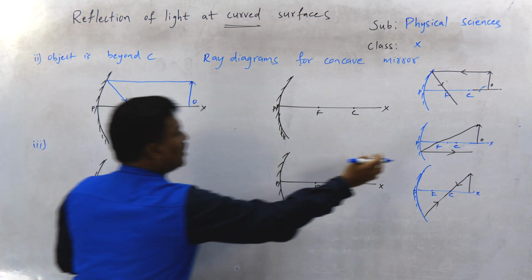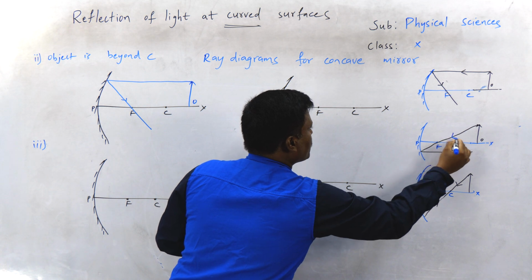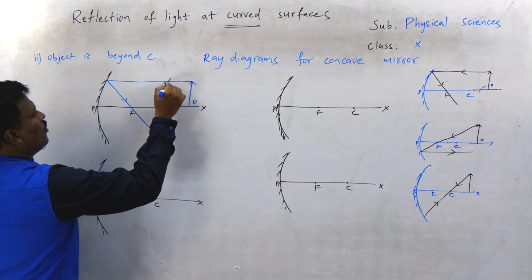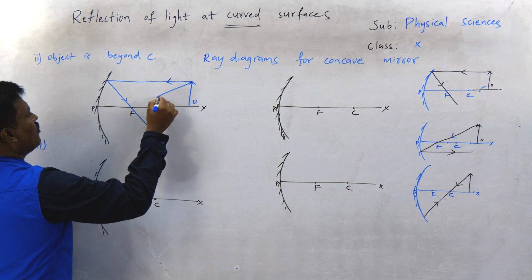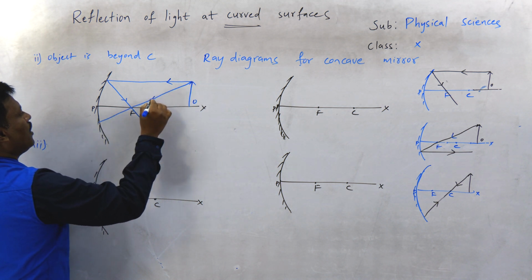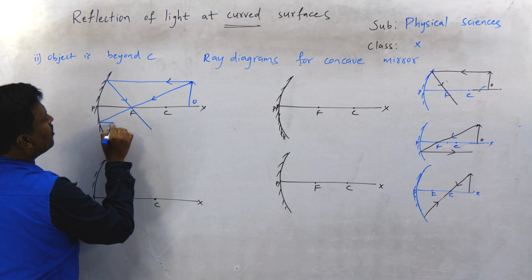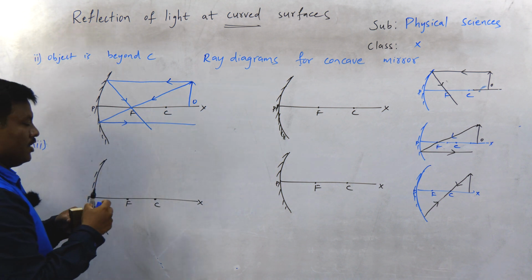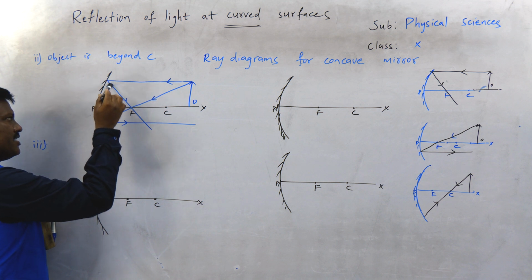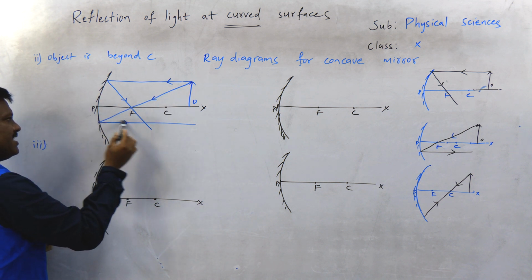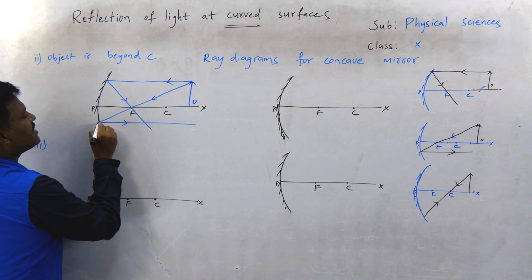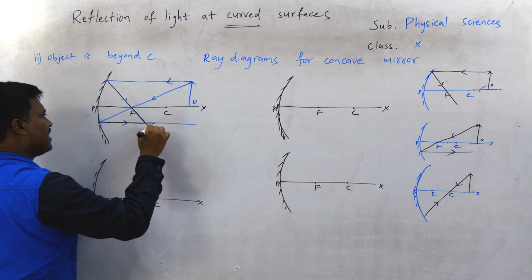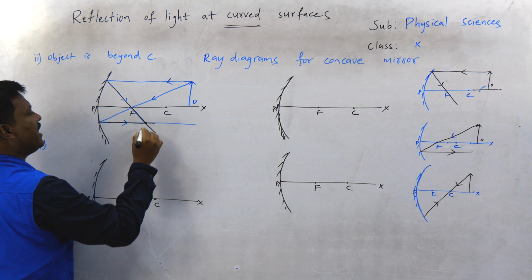And rule number 2, any ray passes through focus, after reflection, passes parallel to the principal axis. So, a ray passes through focus. After reflection, passes parallel to the principal axis. Okay? So this is incident ray, this is reflected ray. This is incident ray, this is reflected ray. See, both the reflected rays are meeting at this point.